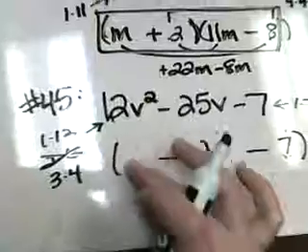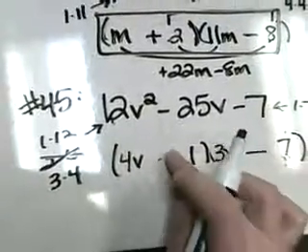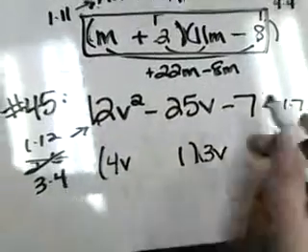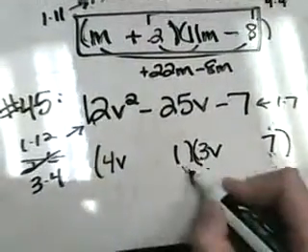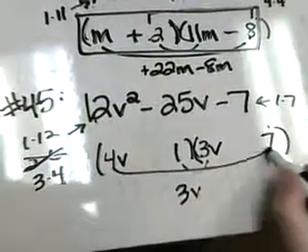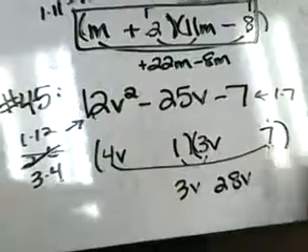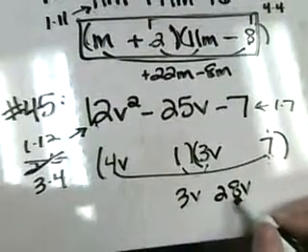Let's switch them. Let's do 4v here and 3v here. Get rid of those signs because we got to start that again. Check your middle. 3v. Your outers, 28v. 3 plus 28 would give me 31.